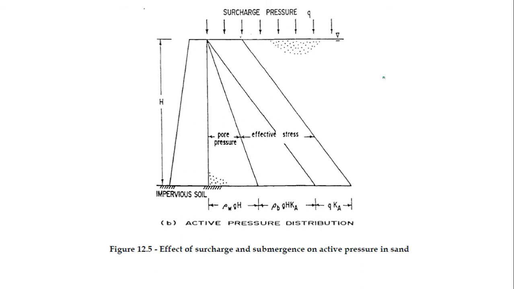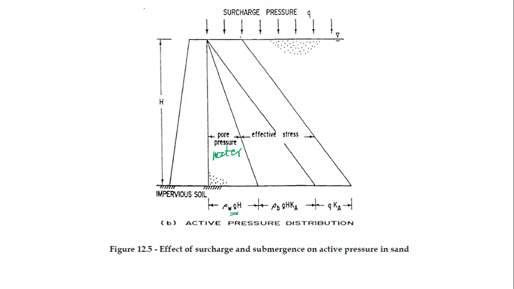Whenever we have the surcharge, this is actually a unique diagram. This single diagram gives us all types of pressure distributions, because see here, pore pressure is nothing but the water inside the pores. So when we have water, what will be the pressure distribution?